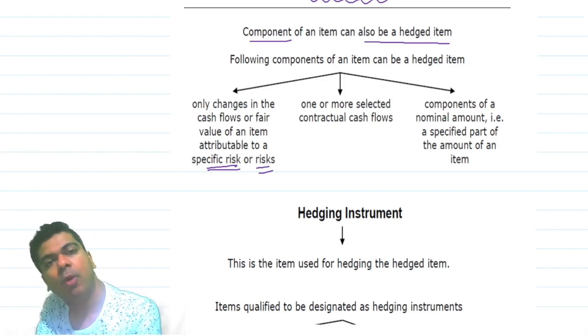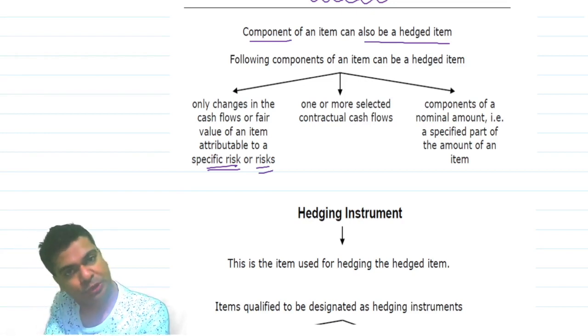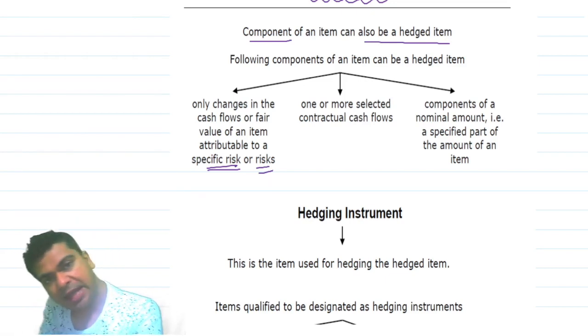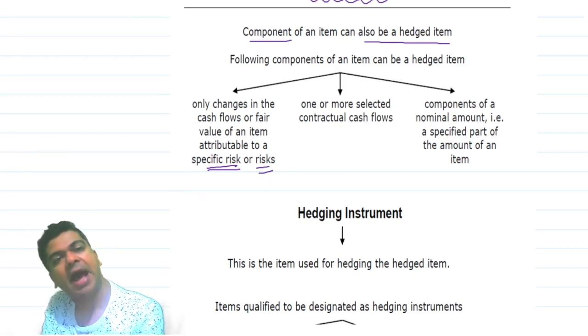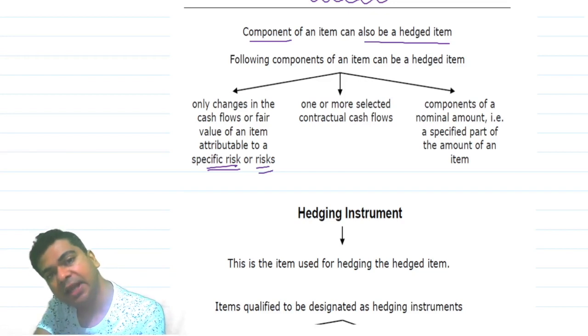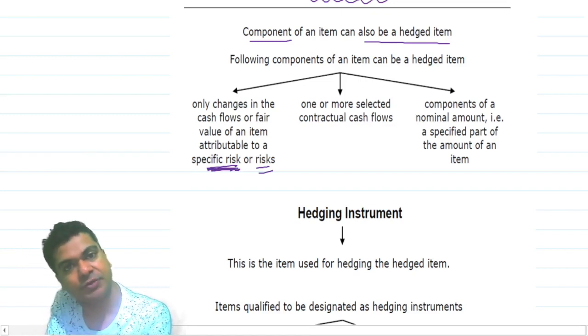Okay, we have borrowed money, and we know that this money that you have borrowed will be exposed to different types of risk. One can be a credit risk, another can be the interest rate risk. But I have decided that I want to do hedging only for changes that will arise because of increase in the credit risk. So it is possible that I will be hedging only for a particular specific risk.